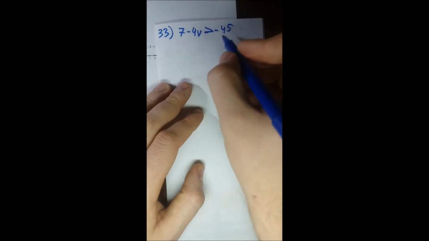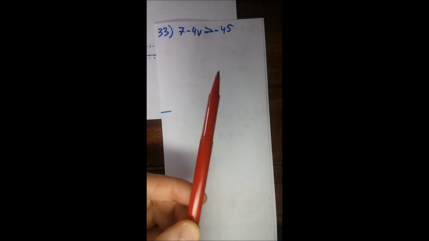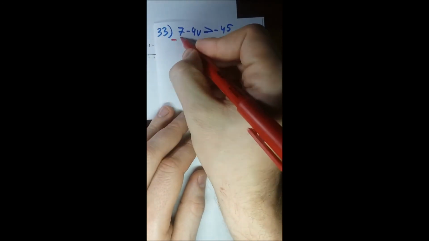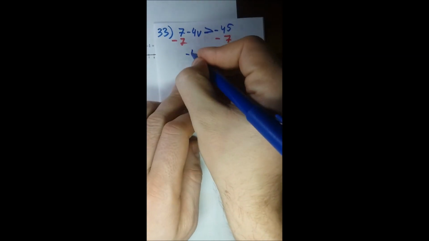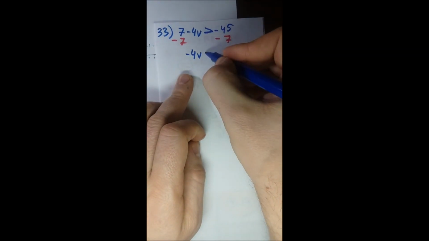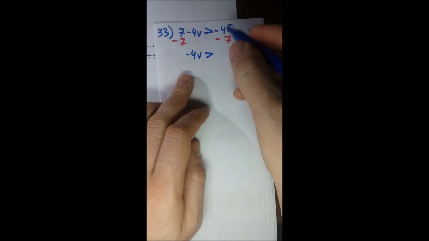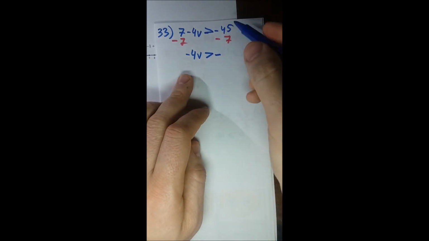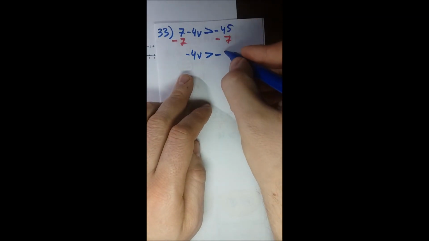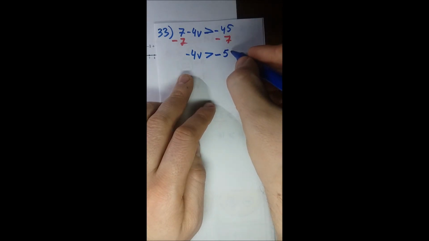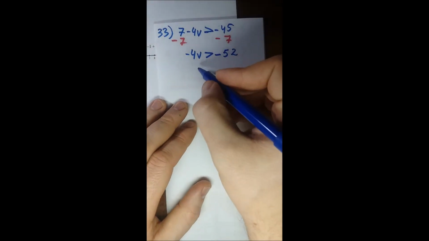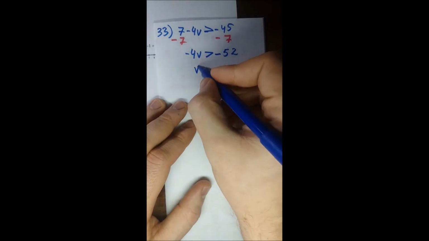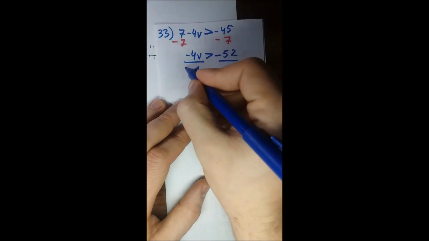23. 7 minus 4v is greater than negative 45. First thing we do is subtract 7 from both sides. So you're looking at negative 4v, and notice how I carry my greater sign, is greater than negative 45 minus 7, which is negative 52. Divide both sides by negative 4.